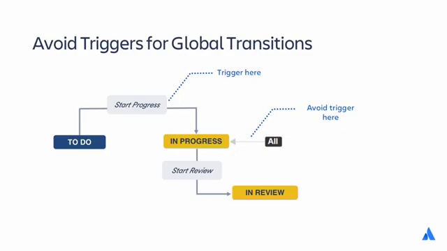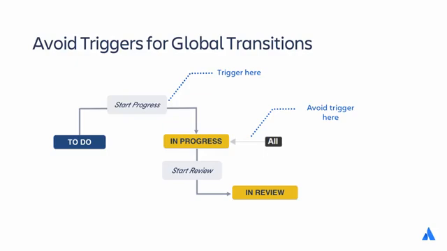Do not configure triggers for global transitions unless you're confident that you understand exactly how the trigger will affect the behavior of the issue. Configuring triggers for global transitions can often result in an issue unexpectedly transitioning to the target status for the global transition.